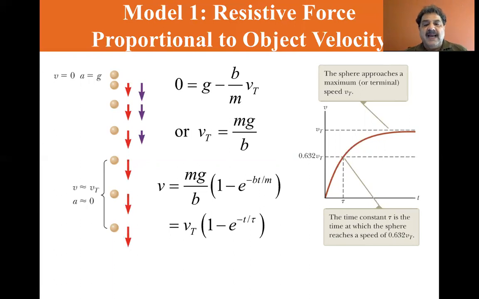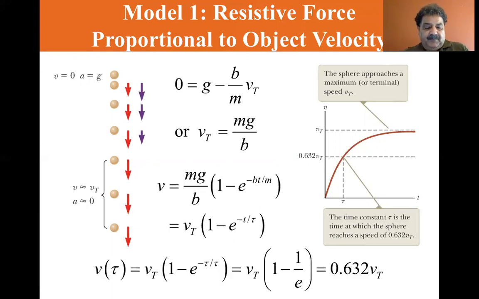When t equals tau, the velocity is 0.632 of the terminal velocity. Again, we'll see a similar equation in the next semester when we look at capacitors and inductors.